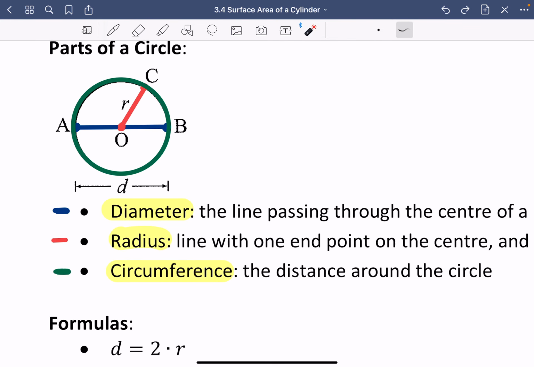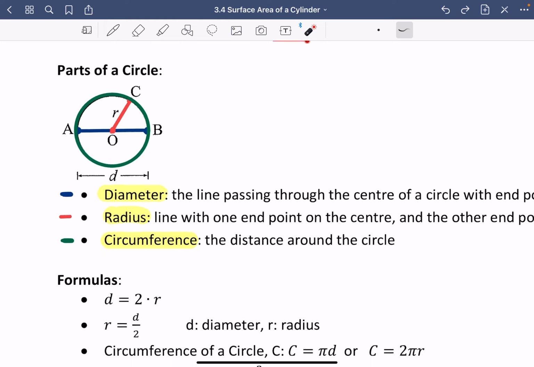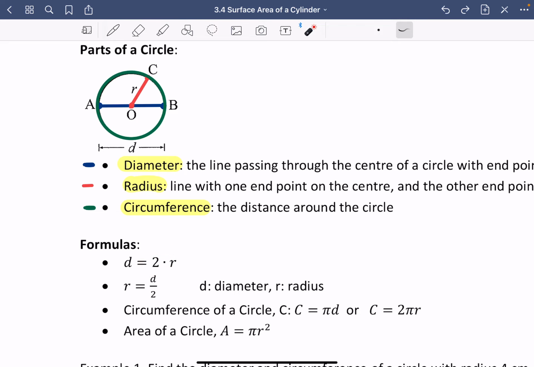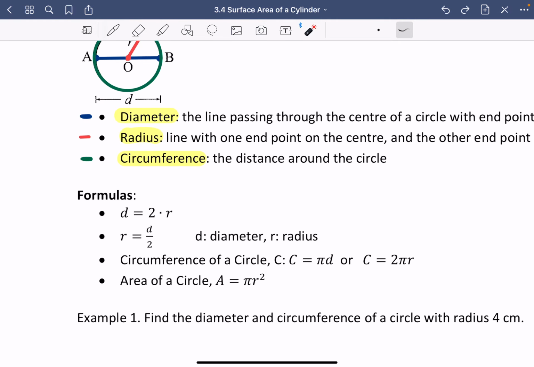D is the distance from A to B, so it's actually the center to B and the center to A. We know the radius is the center to any point on the circle, and so diameter will just be 2 times that, because it's the center to one point and the center to another point. So it's 2 times radius. Okay, so that's diameter.